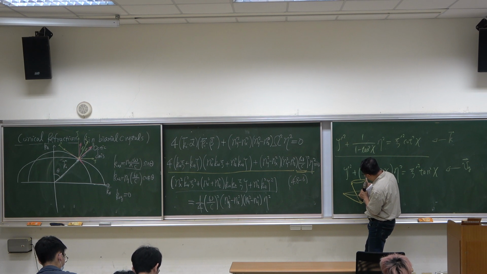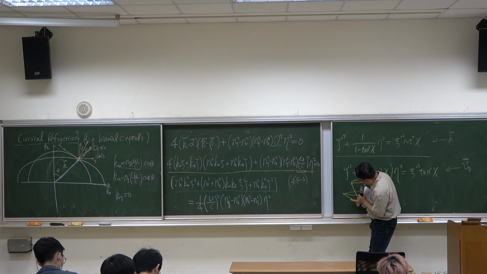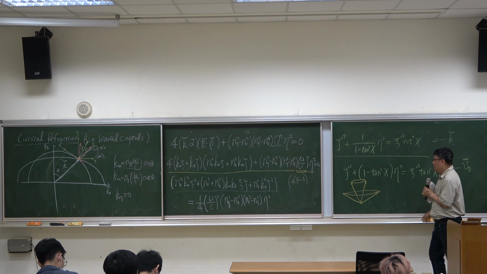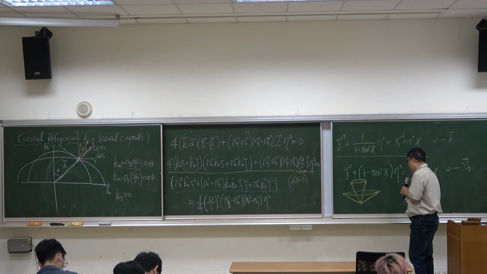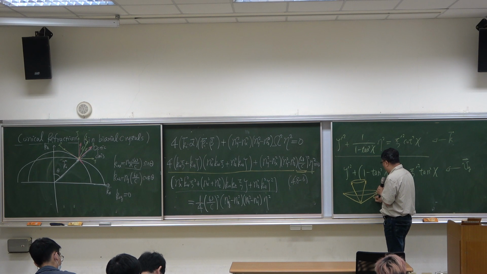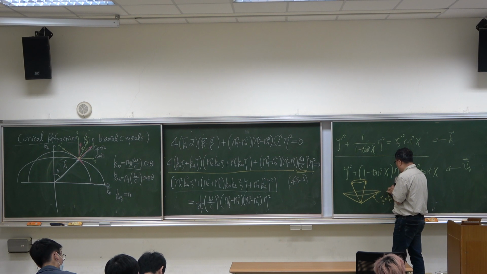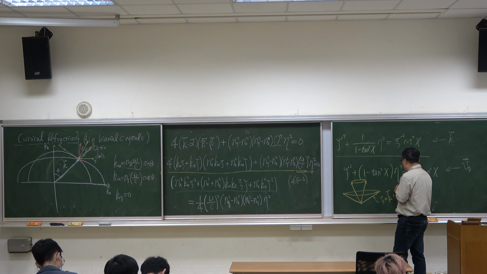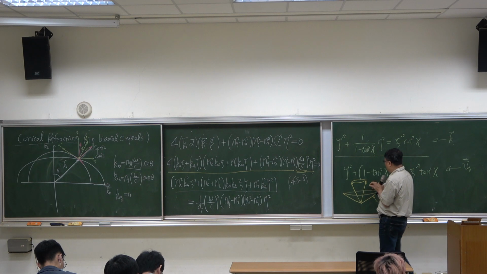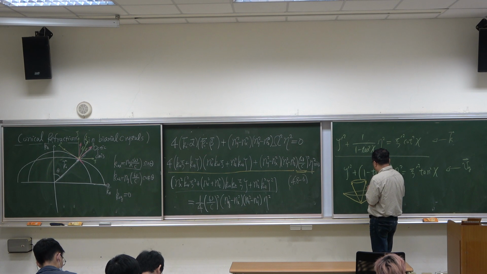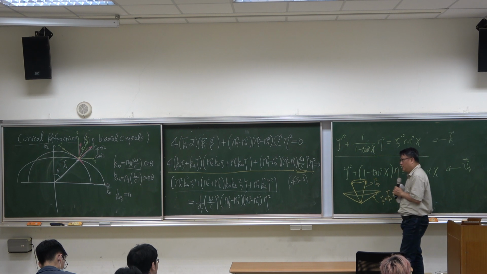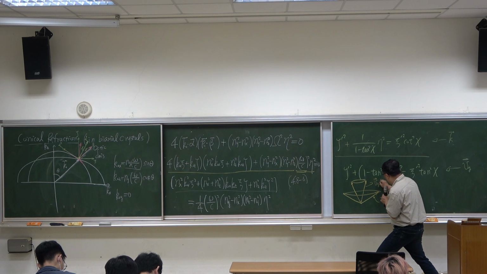Okay, this group velocity is also perpendicular to this k cone. Okay. So we have two kinds of cone. This describes the k vector, k0 plus alpha. And this cone describes the group velocity of k.